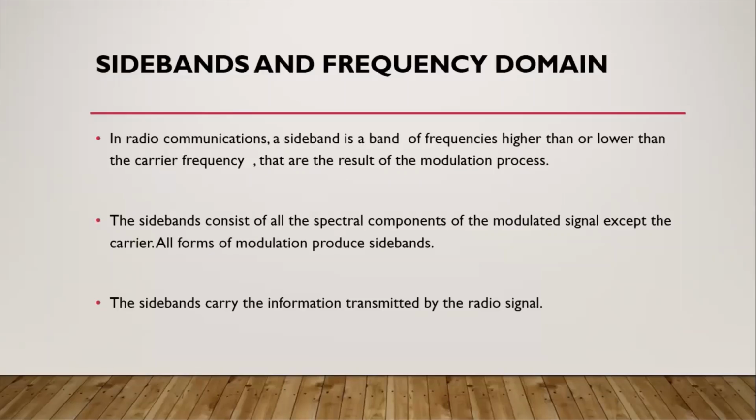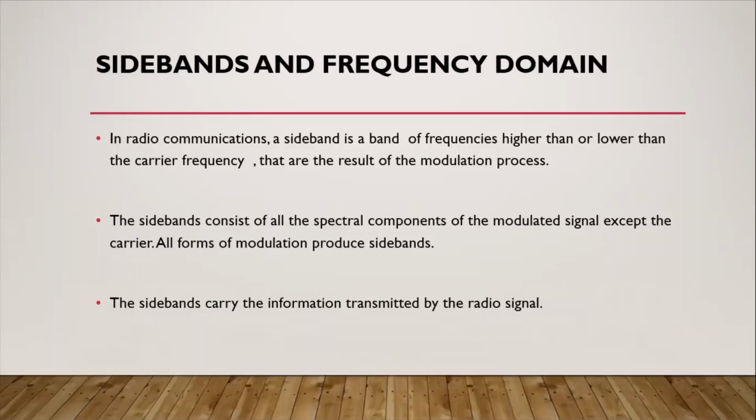Okay, ano naman yung sideband at saka frequency domain? Okay, let's explain. In radio communication, a sideband is a band of frequency higher than or lower than the carrier frequency. Okay, ang pwede kasi mangyari sa isang sideband is pwedeng yung frequency nito is mas mataas or mas mababa sa carrier frequency. That is used in radio communication.